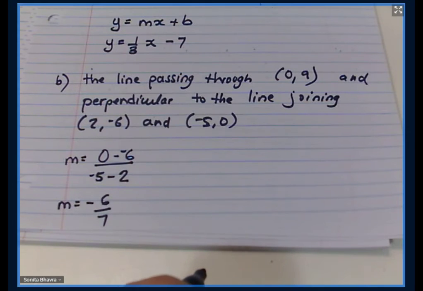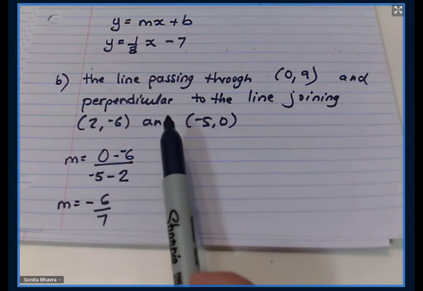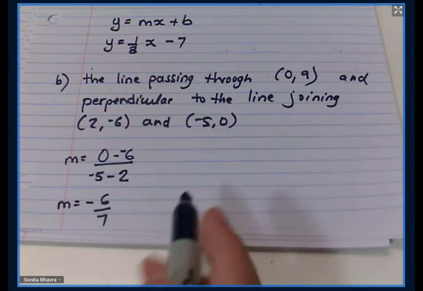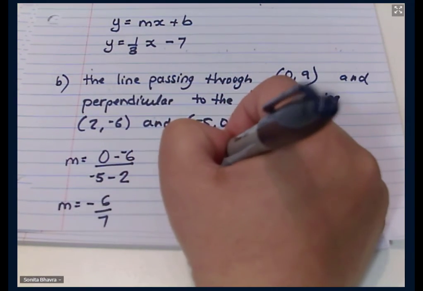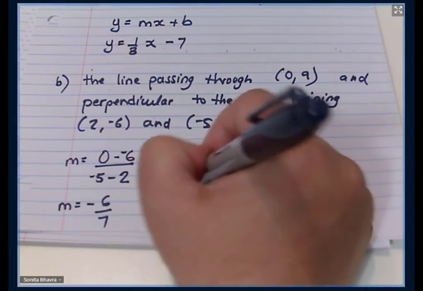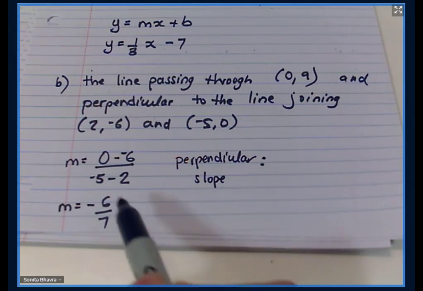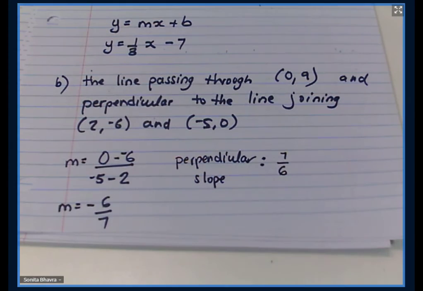All right, so that's the slope of this line, but we are trying to figure out the line that's going to be perpendicular to it. So our perpendicular slope will be the negative reciprocal. So we flip it, and it's going to be now 7 over 6. The original slope was negative 6 over 7. Therefore, the perpendicular slope is 7 over 6.